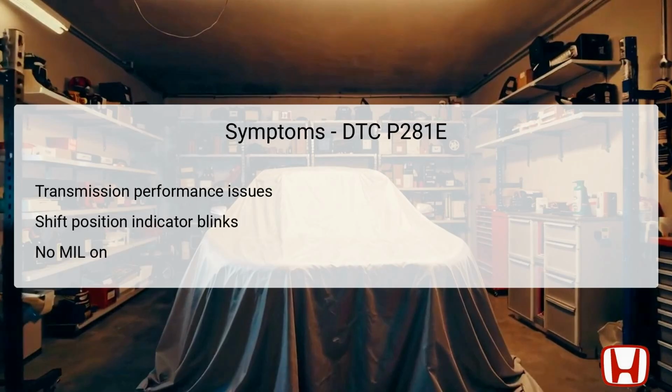Interestingly, the malfunction indicator lamp, MIL, may not be illuminated, which can lead to confusion since not all issues trigger this warning light. Additionally, you may experience unresponsiveness from the transmission when shifting. If you observe these symptoms, it's advisable to seek a professional diagnosis to ensure the transmission system is operating properly.